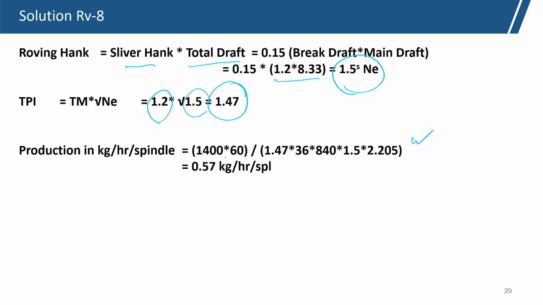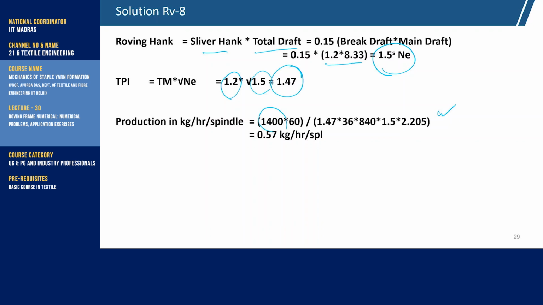So, this is the RPM of the machine, and from there we can calculate the delivery speed, and then divided by TPI, delivery speed in inch per minute.